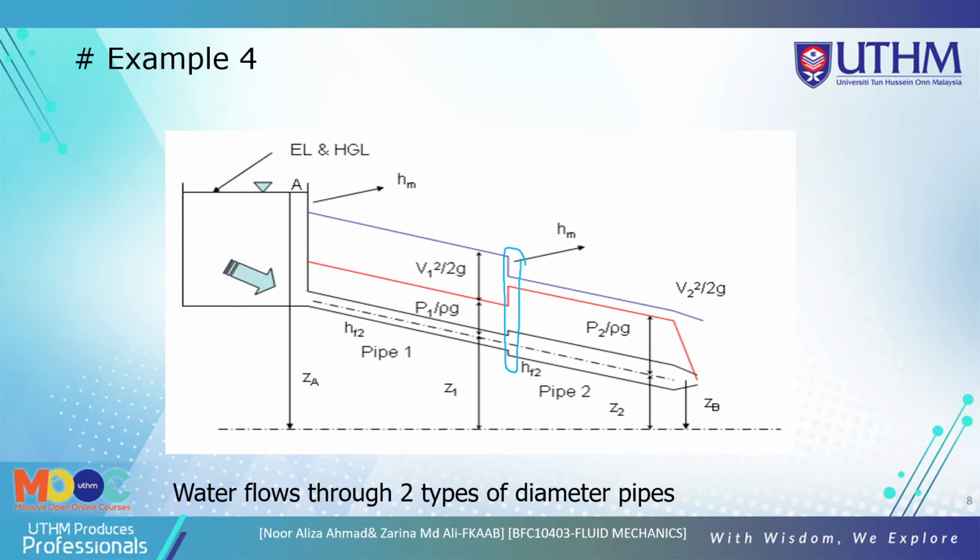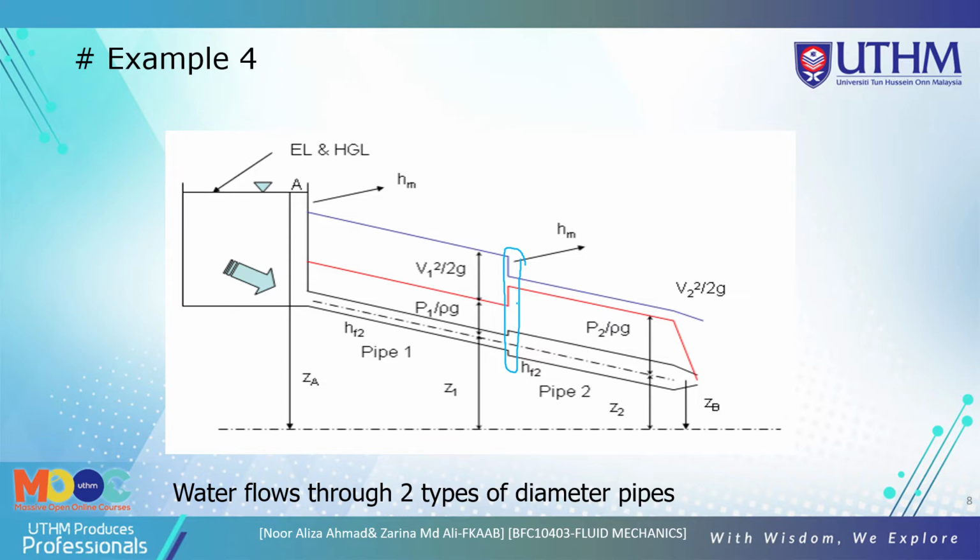They have the drop in EL, while the HGL must increase here. So they go to top here, dia akan naik sini. So based on this, from the smaller pipe to the bigger pipe, they have the drop for EL and up to the HGL.